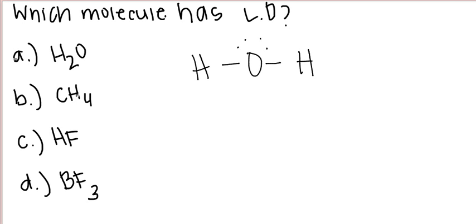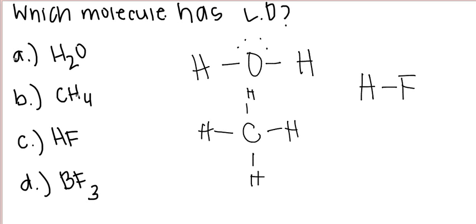Then if we have CH4, we know that this won't have any lone pairs because carbon is already filled. If we draw HF, we see that there are no lone pairs, which means that C could also be an answer.